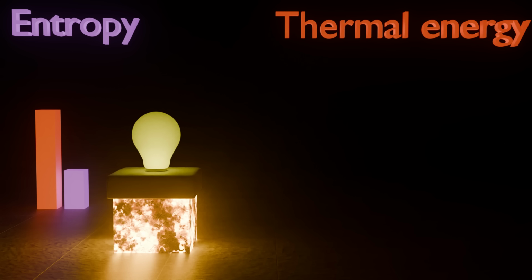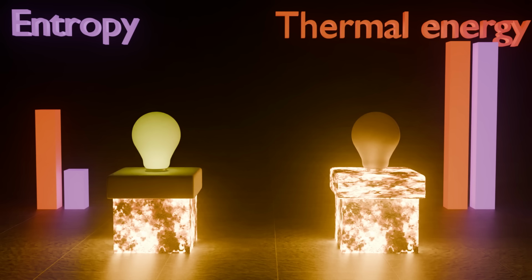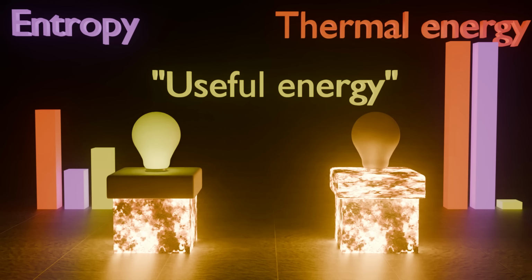So going back to our thermoelectric generator for a second, the generator which turns thermal energy into electrical energy, there is a problem. Because you see, this generator doesn't really need thermal energy. What it needs is a difference in temperature, so a difference in thermal energies. Which means that if our generator was just as hot as the cube it sits on, it would generate no electrical energy.